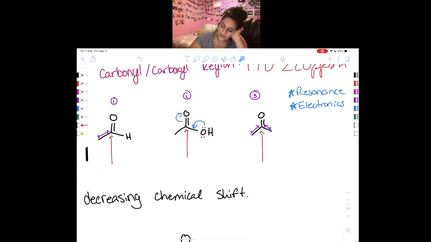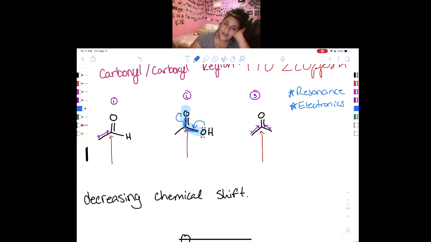But now let's talk about number 2. There are 2 oxygens, so you would think that that is pulling the electron density even harder, so that must be the least shielded. But you would actually be wrong, and that is because if you think about it, the electron density is going like this. It's going back and forth right here.